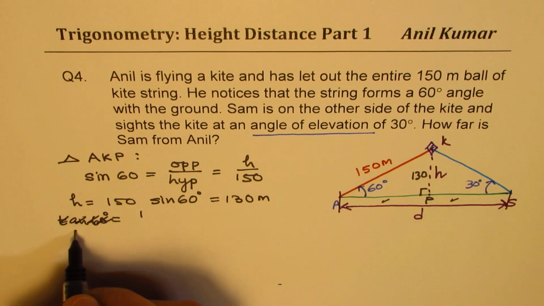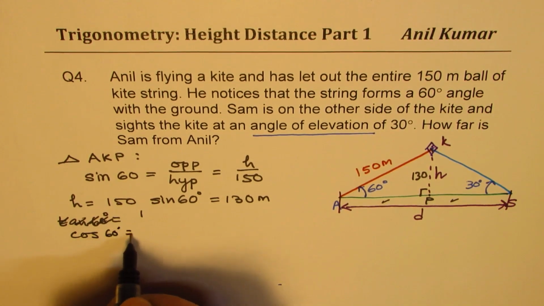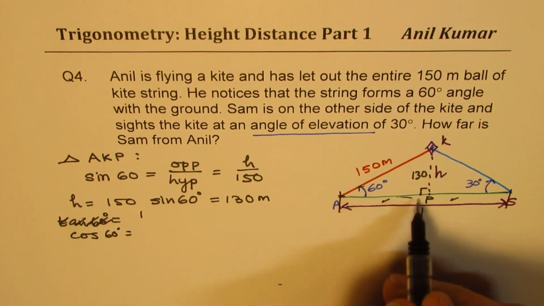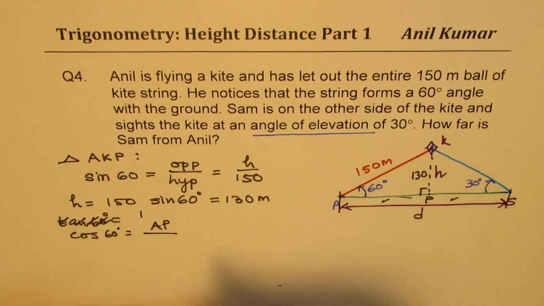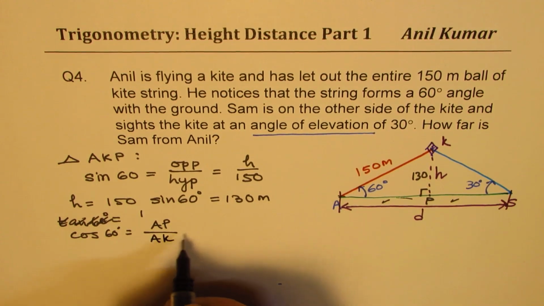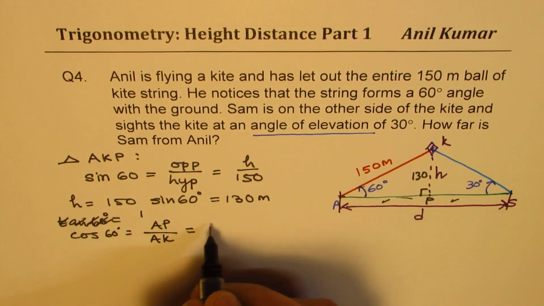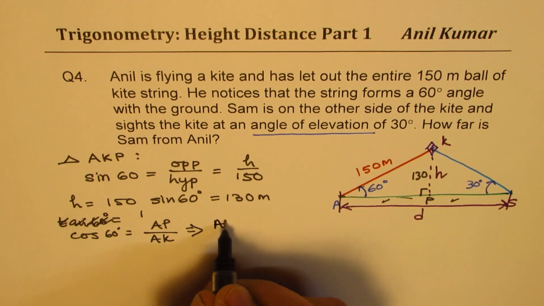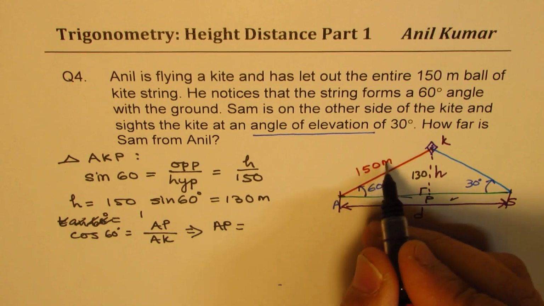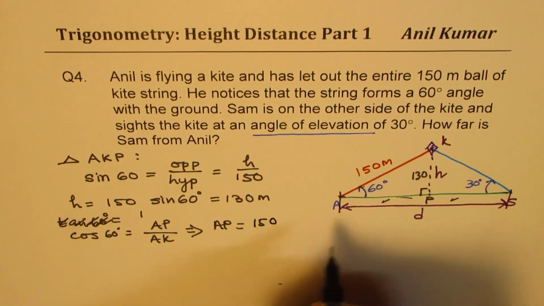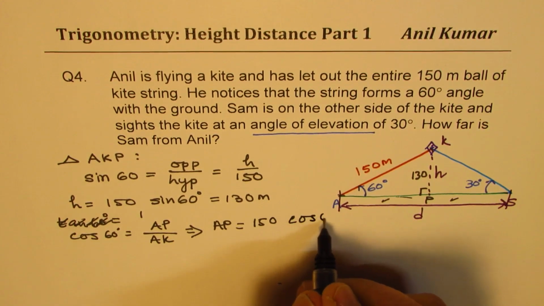We can say cos of 60 degrees is equal to the adjacent side, which is AP, over the hypotenuse, which is AK, correct? We don't know what AP is, so we can find AP as AK, 150, which is given, times cos of 60 degrees.